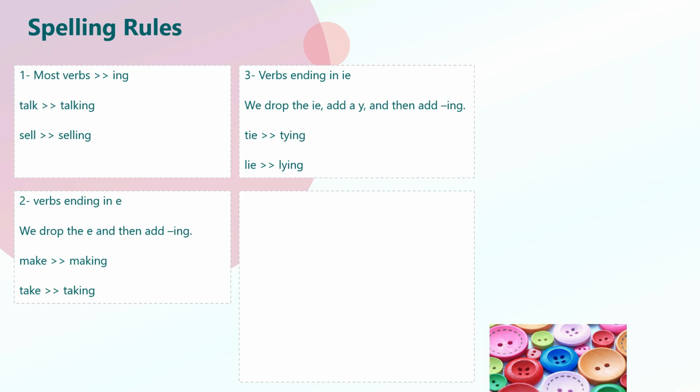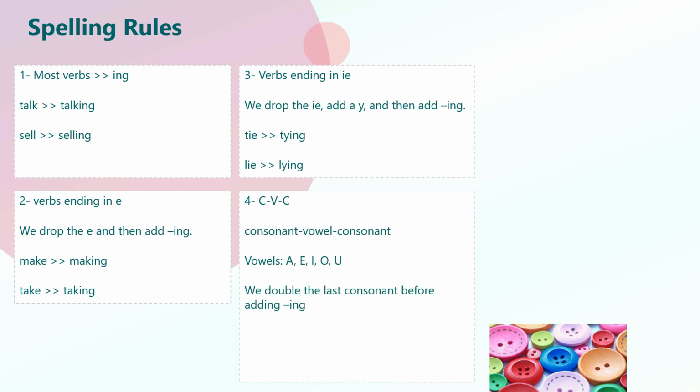Now there's another pattern called CVC, which stands for consonant vowel consonant. A vowel in English is A, E, I, O, or U, and a consonant is any other letter. For verbs that follow this pattern at the end, we double the last consonant before adding ing.